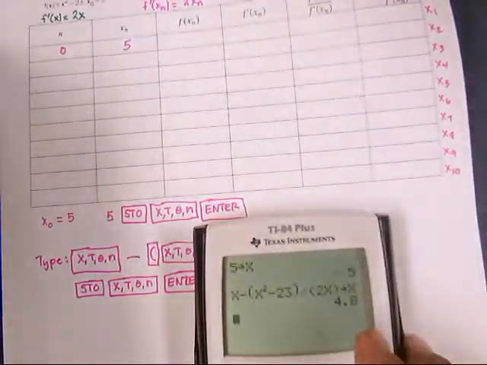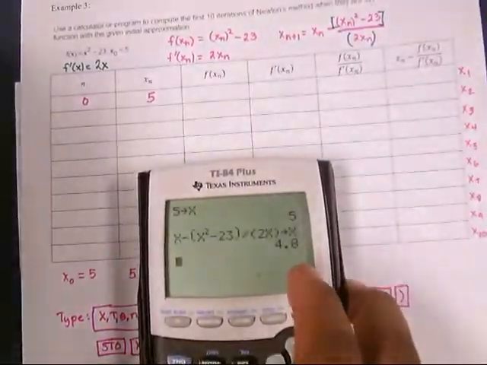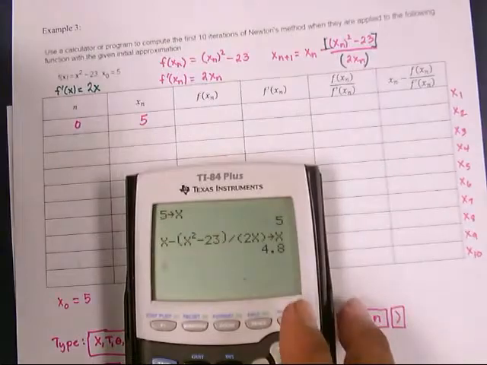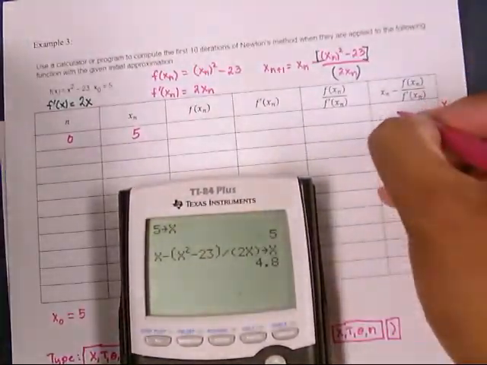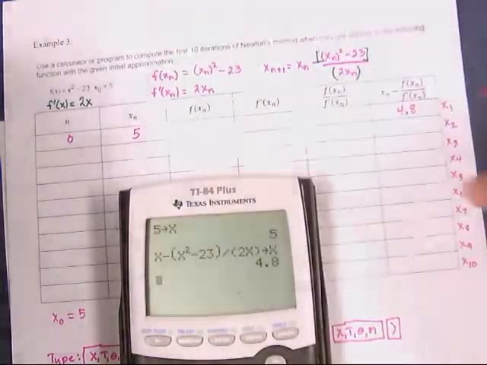What that's going to do, it's going to give you what x sub 1 is. We know x sub 0 is 5, so that 4.8, that's what x sub 1 is going to be.